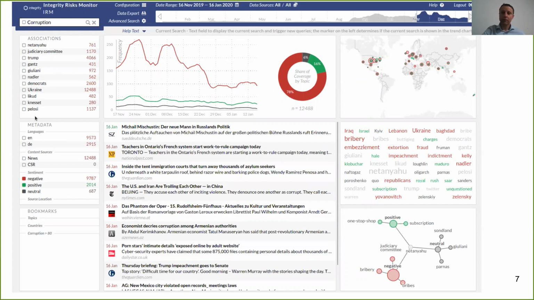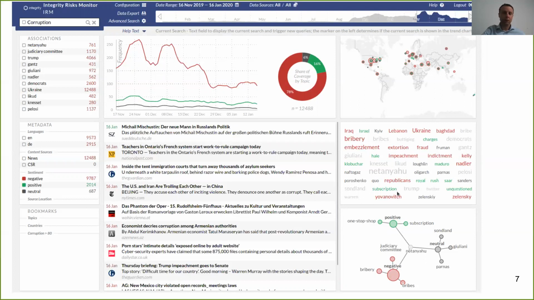associations for the result set, which is shown in the middle, plus metadata. You see we have, for instance, here the languages. And the interesting thing is the documents are English and German, actually mixed, but in the portal you only get keywords, etc., in the language of the analyst.